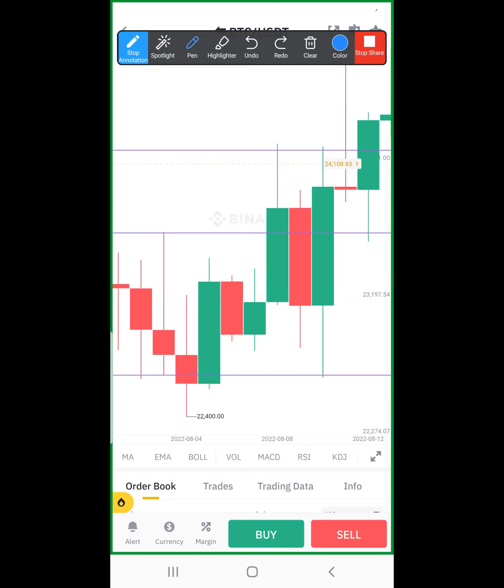Then I want us to look at this. Can someone tell me what happened on this day? Yeah, the sellers overtook the buyers, so it was bearish. Was bearish. Okay, and this means we opened the day at this price.